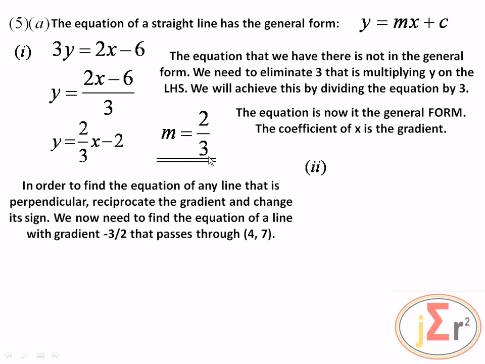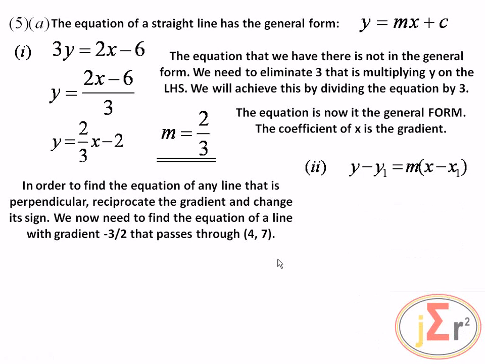We know that if we have the gradient of a line, to find the gradient of the one that is perpendicular to it, we reciprocate the gradient and change its sign. By so doing, the gradient of the new line will be -3/2, and we will take advantage of the fact that we have the point (4, 7) through which that line passes.